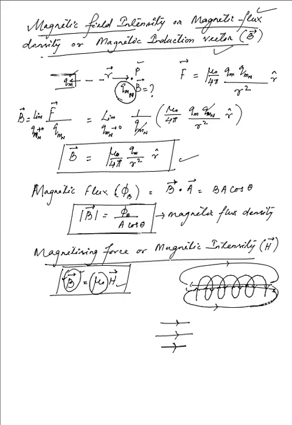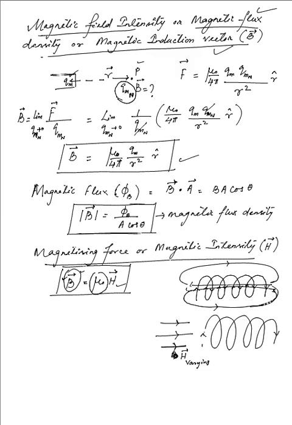So in this case, when we are considering a solenoid subjected to a varying external magnetic field, this is the magnetizing field which is varying. As a result of that, what happens is that it develops a magnetic dipole moment or magnetic field within it.